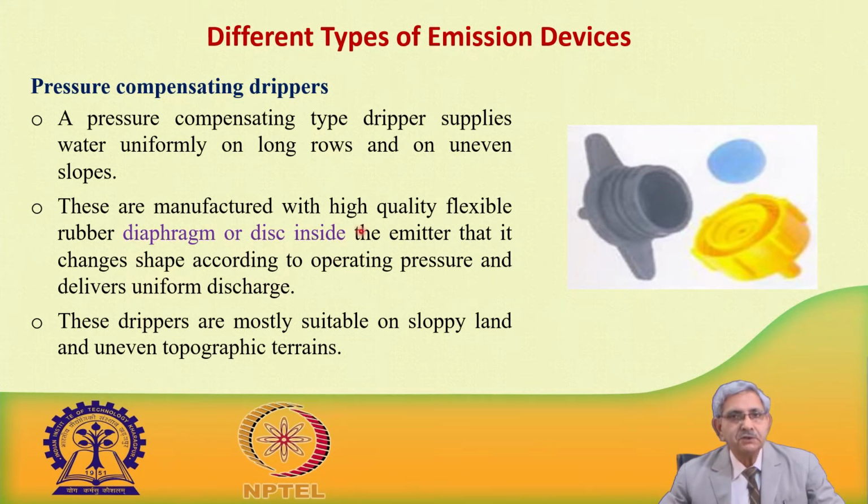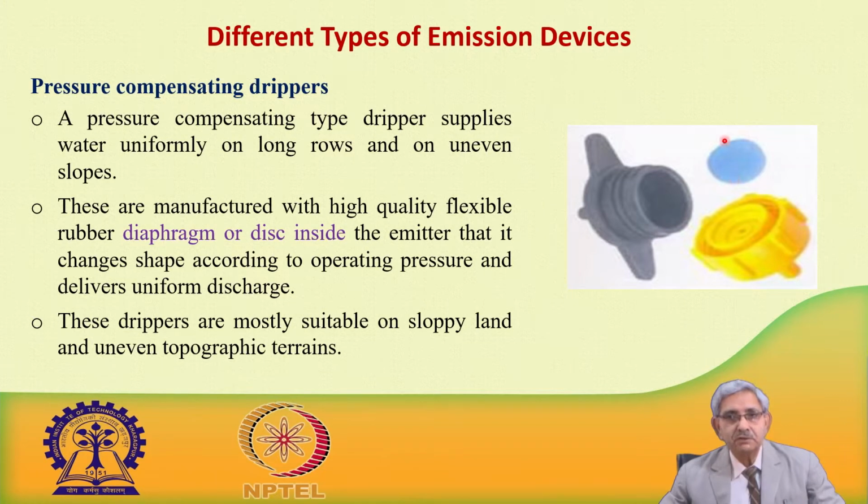These are manufactured with a high quality flexible rubber diaphragm. This rubber diaphragm contracts or expands depending on the pressure available. The higher the pressure, the more it will expand so that the orifice size reduces.